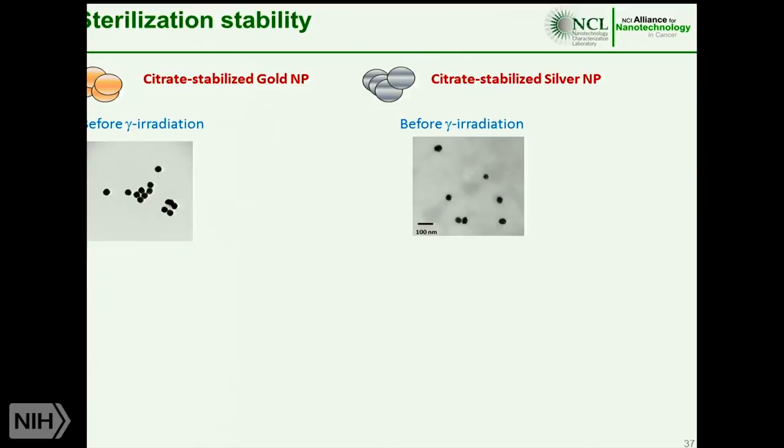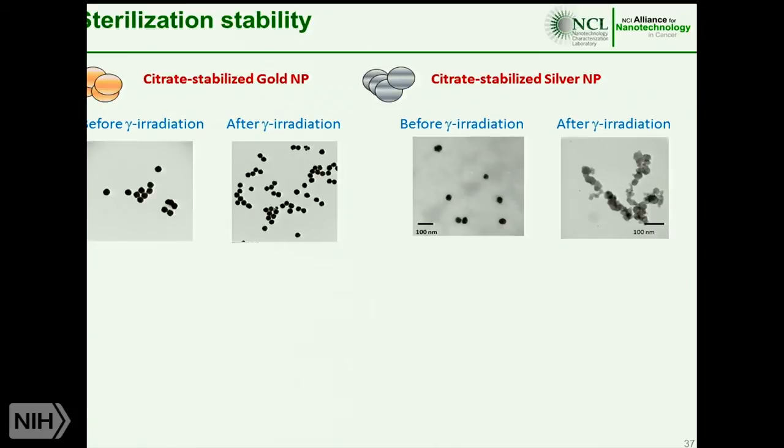Nanoparticle sterilization stability is another grand challenge. I'm using an example on this slide of the citrate stabilized gold colloids and citrate stabilized silver colloids. Gamma radiation is a very common method for the sterilization, and also it is a very common method for depyrogenation.